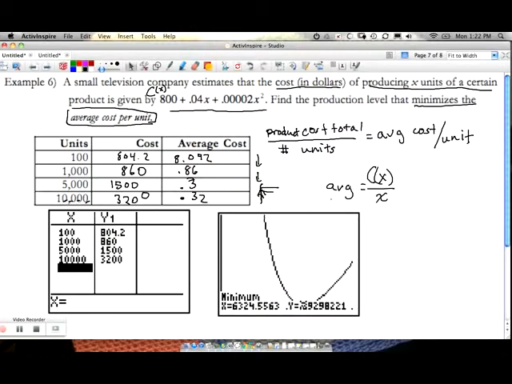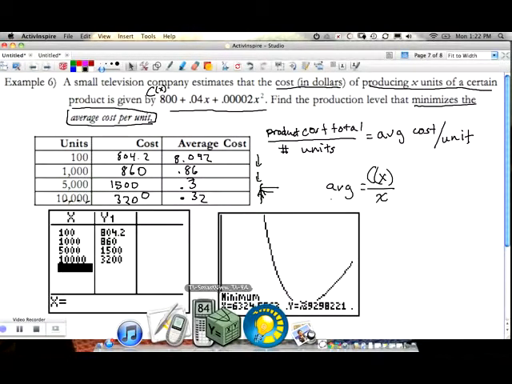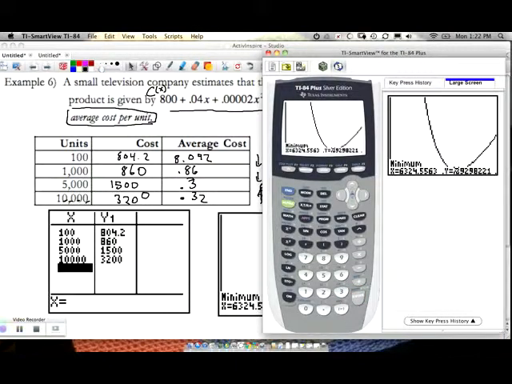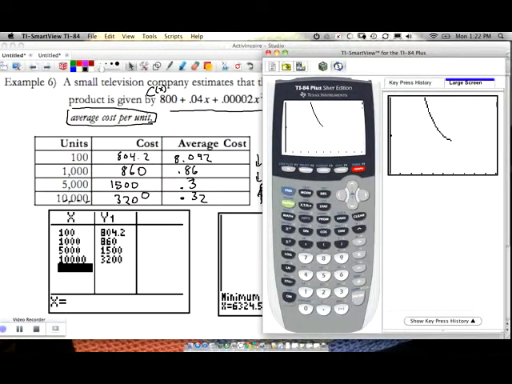So we're going to have our window. And for our Y minimum, let's go down to 0.25. There we go. That's definitely going to give us some room to see that calculation. So we're going to calculate the minimum. 5,000 is fine.